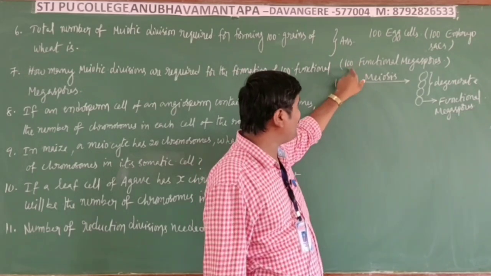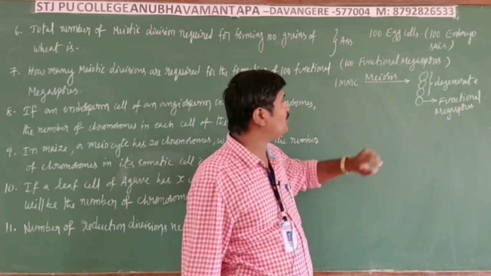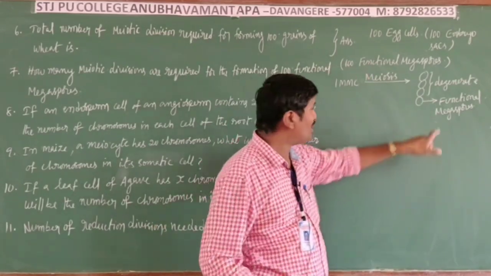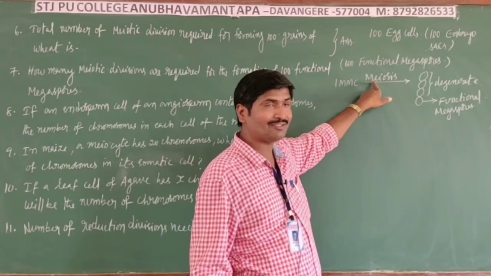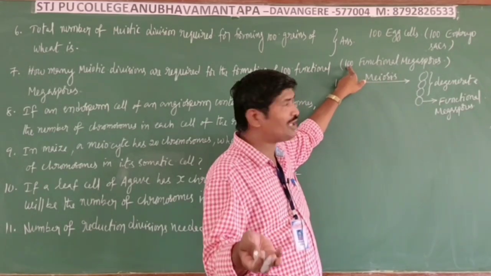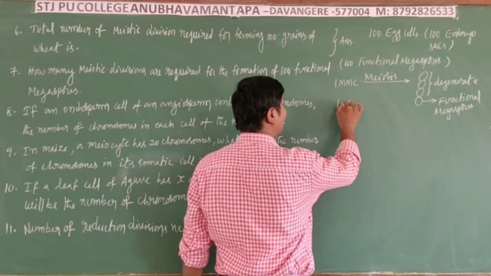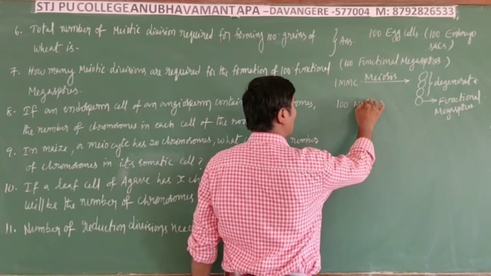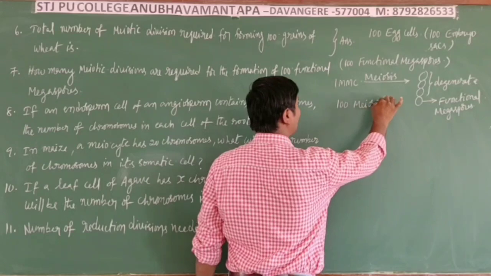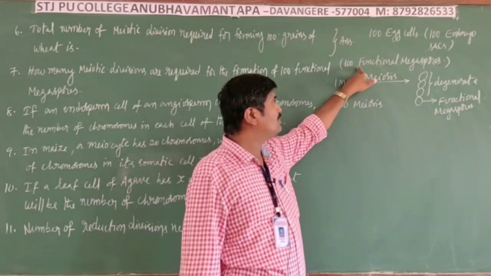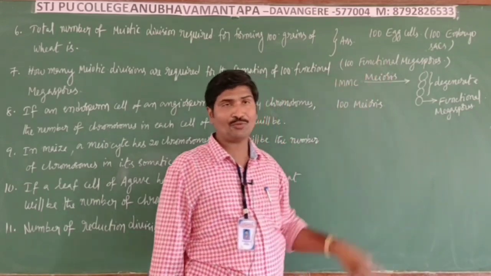For the development of 100 functional megaspores, how many meiosis divisions are required? 100. 1 functional megaspore, 1 meiosis. What about 100 functional megaspores? 100. That's why 100 meiosis cell divisions are required for the formation of 100 functional megaspores.